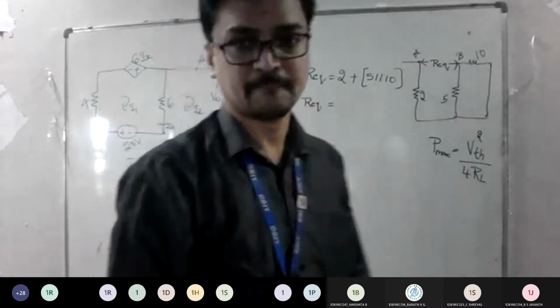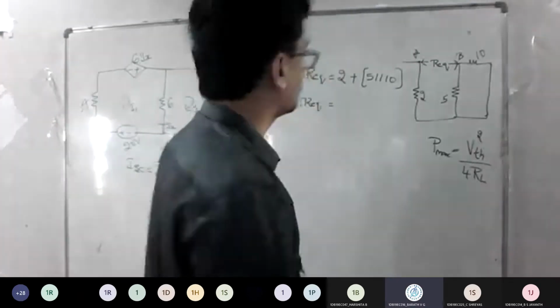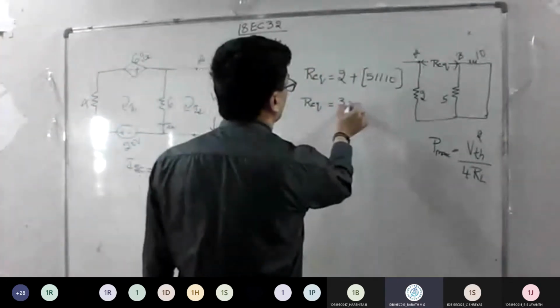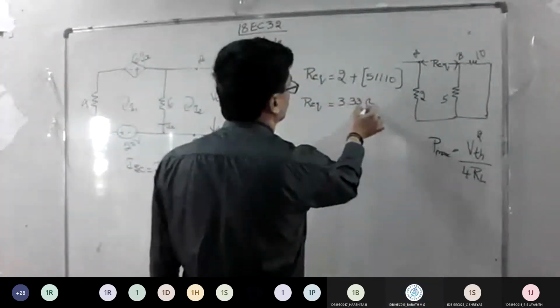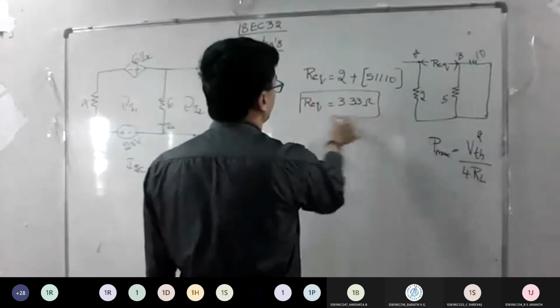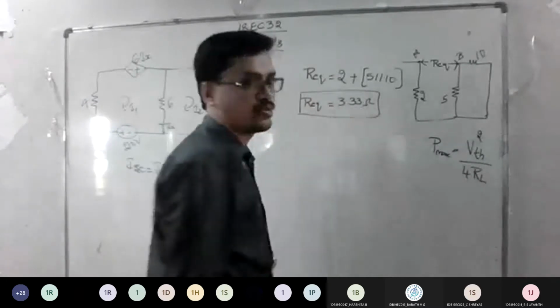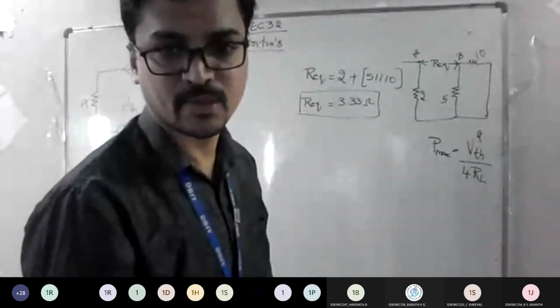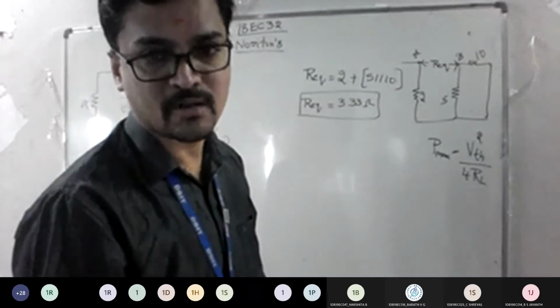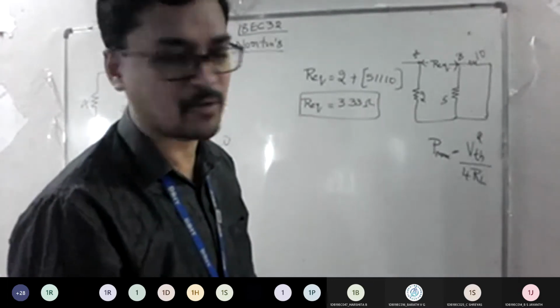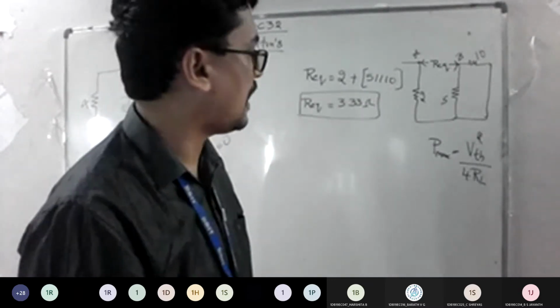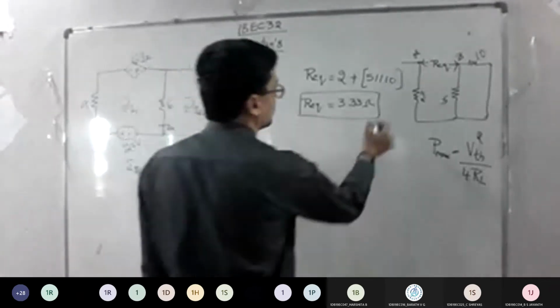What is R equivalent here? 3.33 ohm. See, I'm stressing, don't forget to mention the units. You are going to lose half the marks. So be alert. Units are a must for whichever value you write in the problem. So now we have found R equivalent. This is nothing but your RL.